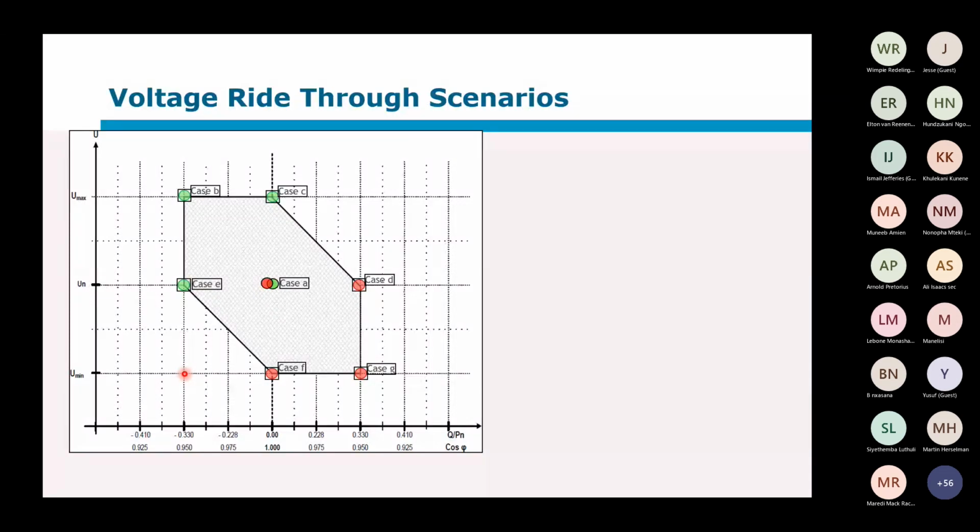Okay, so these points, you are going to simulate the following graphs. This is just to say that category B, you must be able to operate at reactive power that amounts to a power factor of 0.975 at the full power output. If they operate on a constant power factor, it's these two lines here.